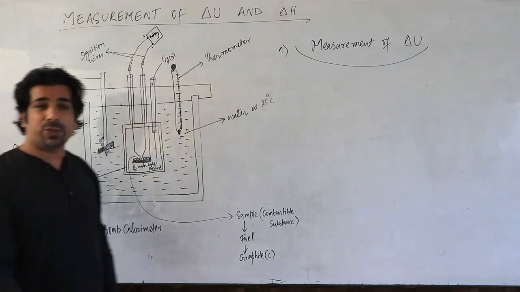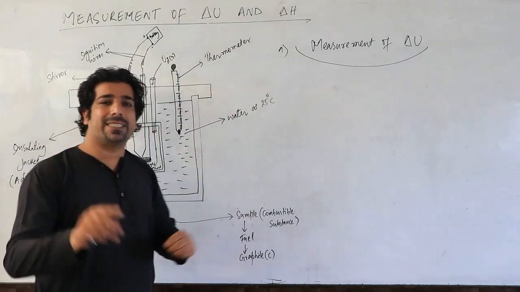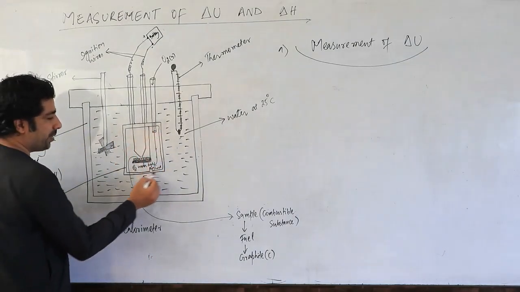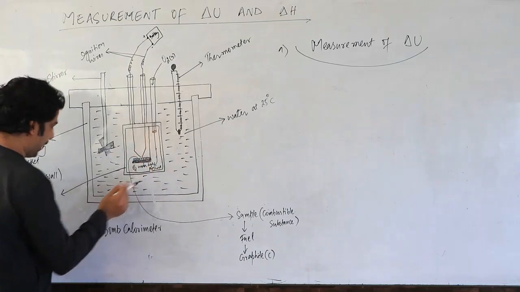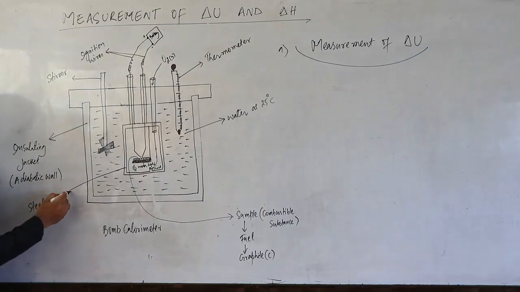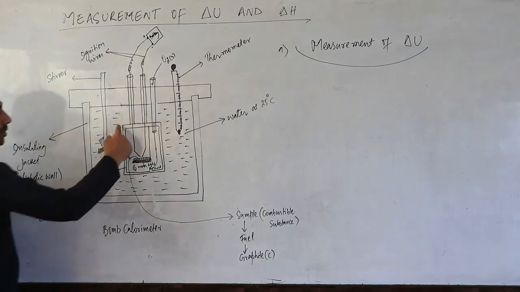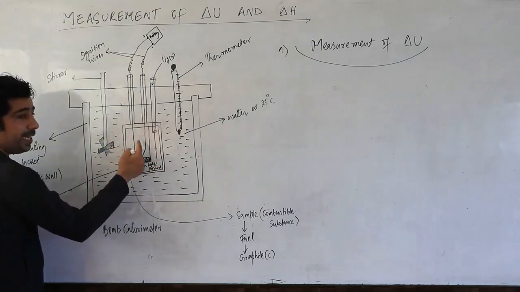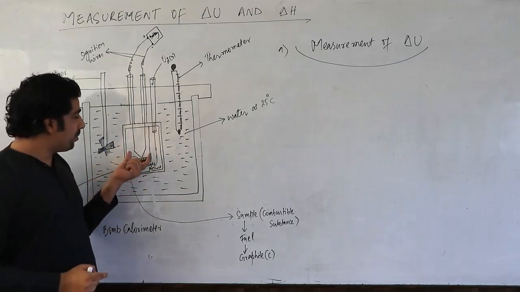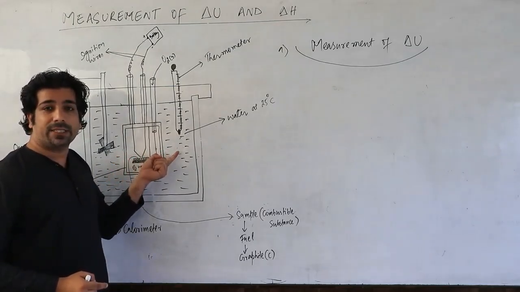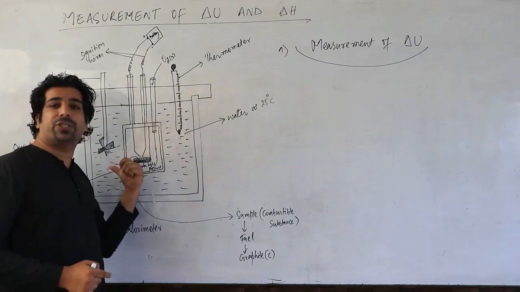How is the temperature going to change? Let us understand that term first. Let us call this chamber the steel bomb. That means the heat can transfer from this chamber into the water, or from the water into the chamber.